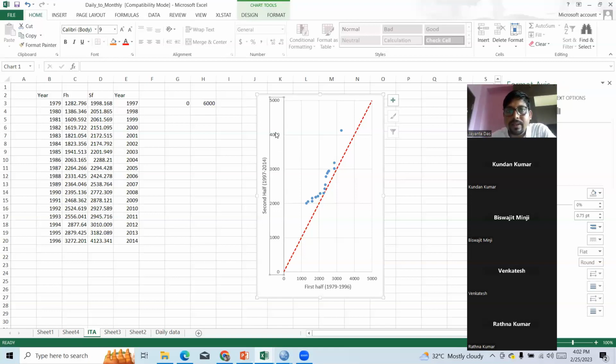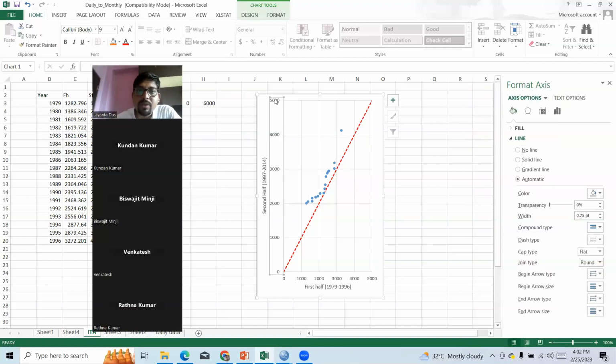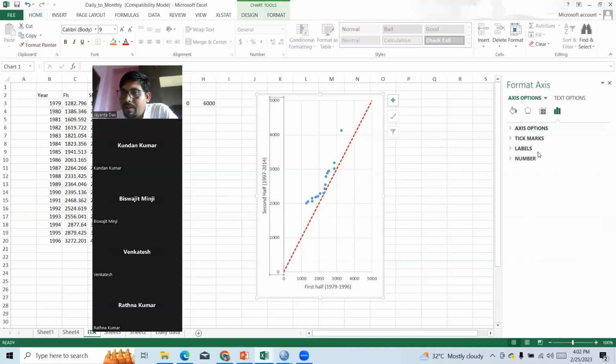We can do another thing. This alignment, we can change to horizontal.